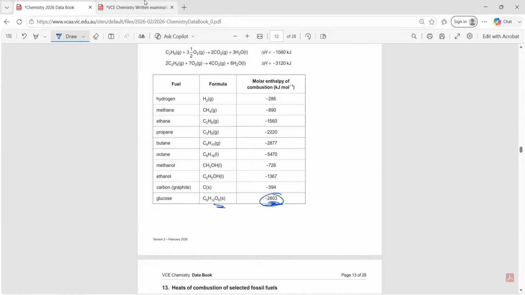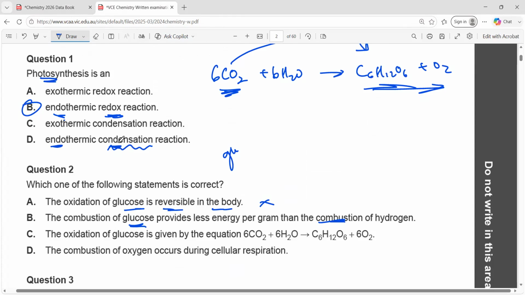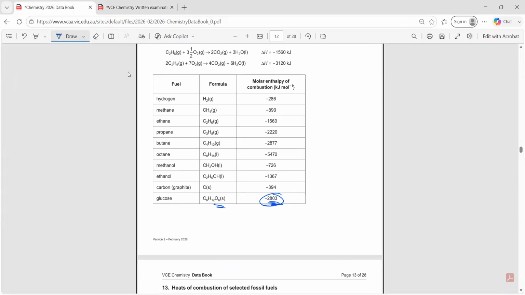So here, for hydrogen it'd be 1/180. That's the molar mass of glucose, times 2803, and it'd be 1/2 times 286. Now I'm sure there's a faster, more intuitive way of doing this, but that's the way I'm doing it. 2803 divided by 180 is 15, that's 16 kilojoules per gram.